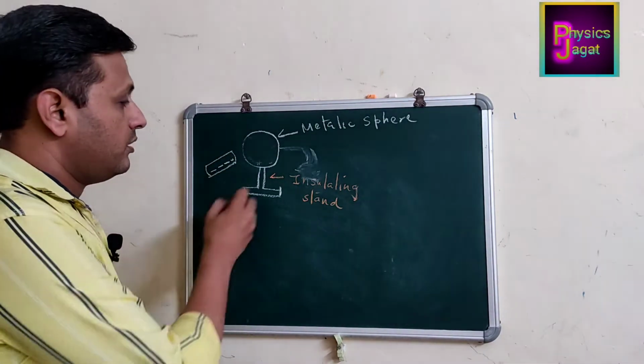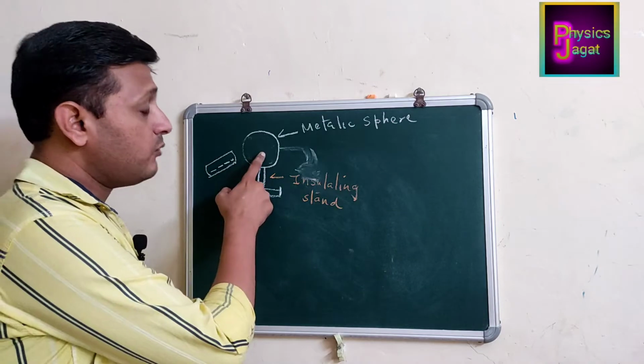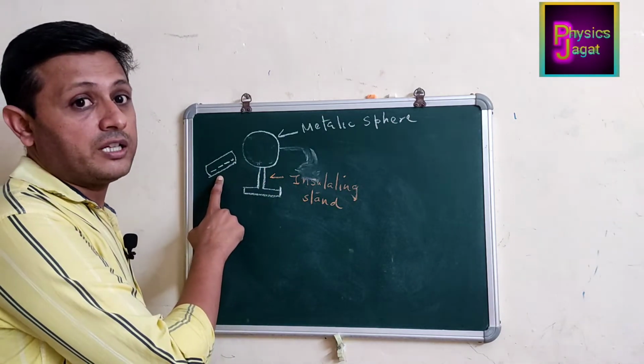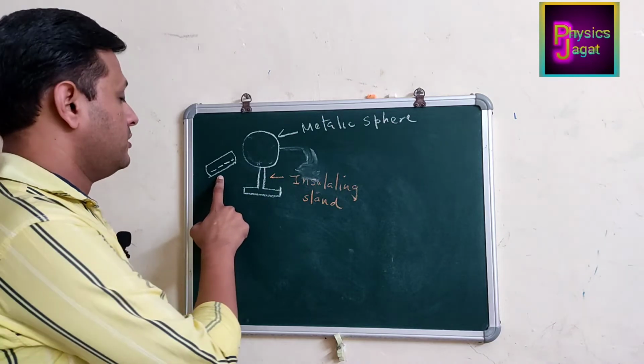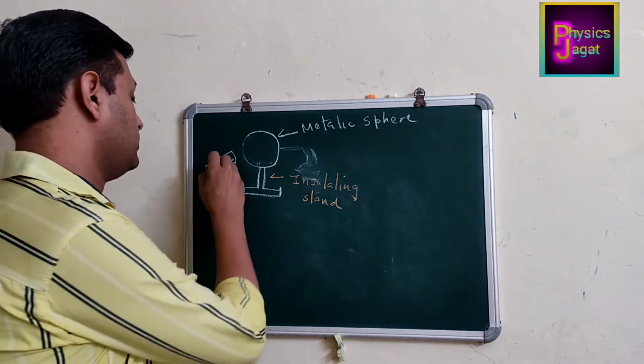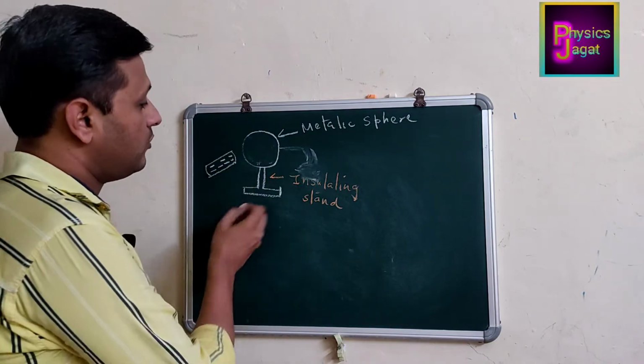So if I want to charge it positive, I must take a negatively charged body. So take a negatively charged plastic or glass rod, as I have taken here. What happens?